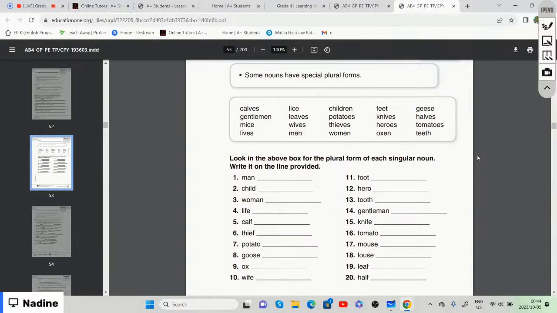All right. So the first one is man. We need to select the plural form of man from the box. So what is the plural form of man? We'll start with something that we have basically been using all the time.